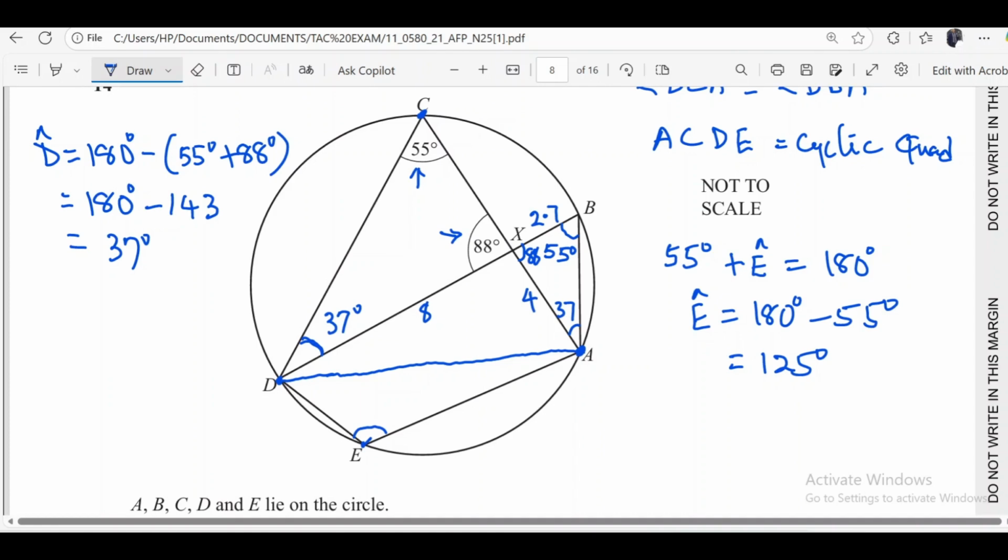Now look at this. CS is a length in the bigger triangle, triangle CSD. CS is a movement from 55 degrees to 88 degrees. Go to the smaller triangle BSA and look for a movement from 55 degrees to 88 degrees. 55 to 88 is side BS, so this corresponds.